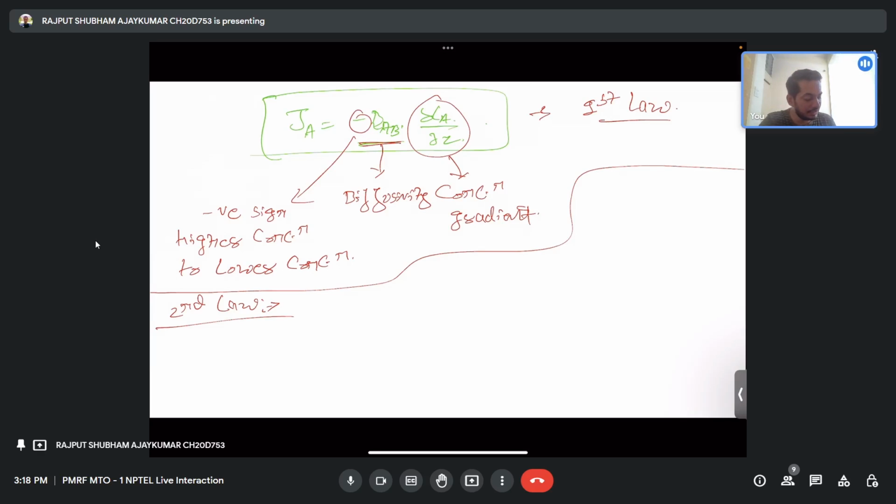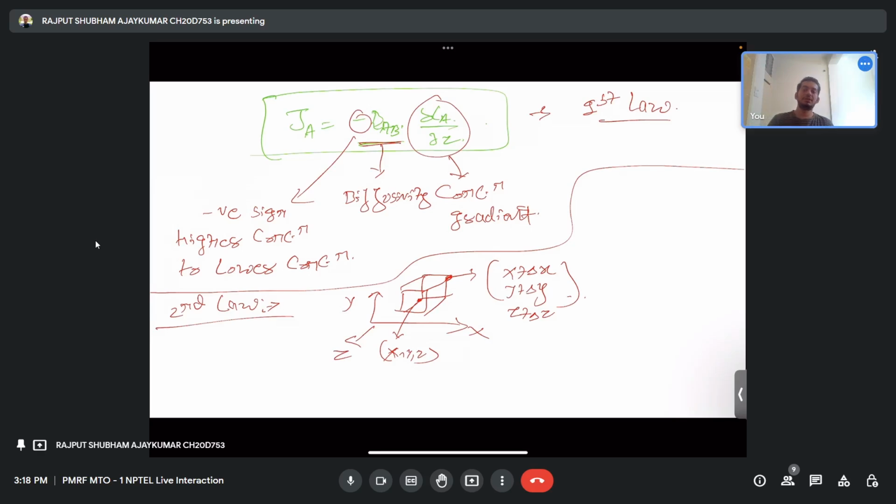If you take a fluid element, if you consider x, y, z axes, and take this point at x, y, z, and this other point at x plus delta x, y plus delta y, and z plus delta z, you can solve the equation of continuity.